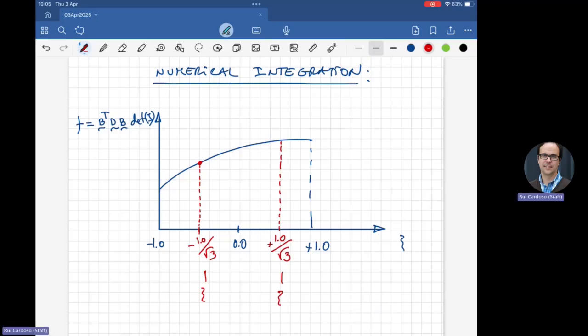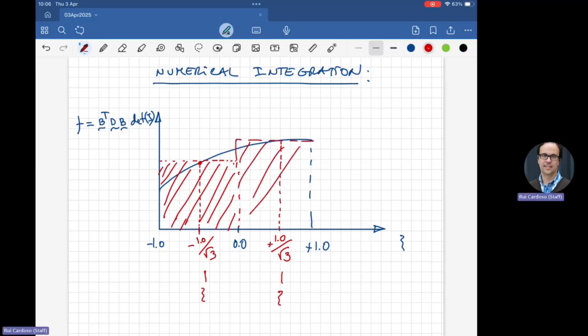So I evaluate my function at this point and calculate.